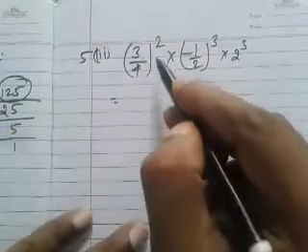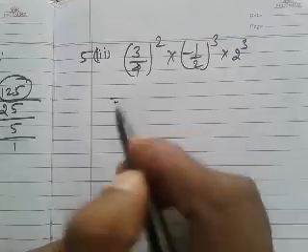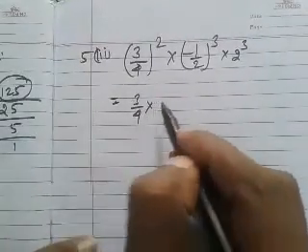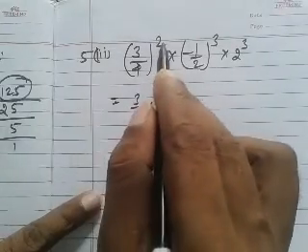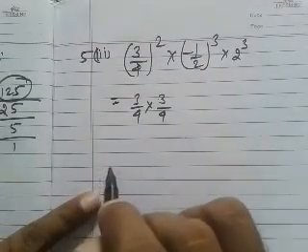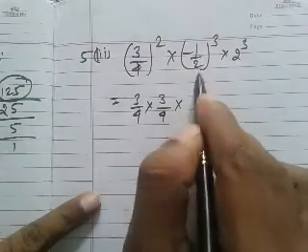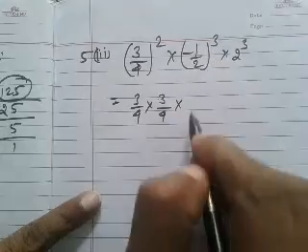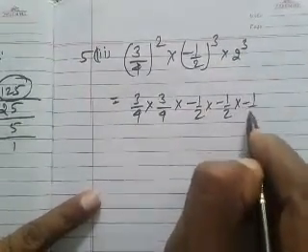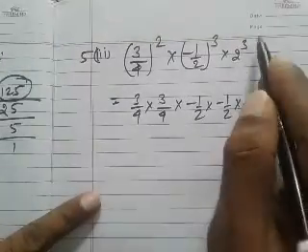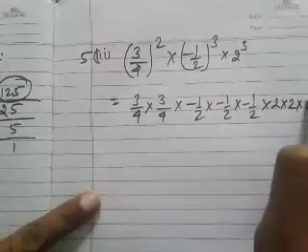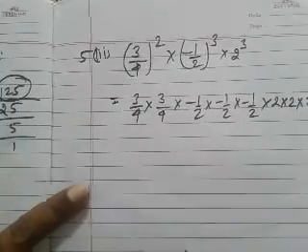So from this expression we know that 3 by 4 we have to write here how many times? 2 times, because its power is 2. So 3 by 4 upon 3 by 4, write here 2 times, and minus 1 by 2 we have to write here 3 times, minus 1 by 2 into minus 1 by 2 into minus 1 by 2, and 2 we have to write here 3 times, 2 multiply 2 multiply 2, in this way.